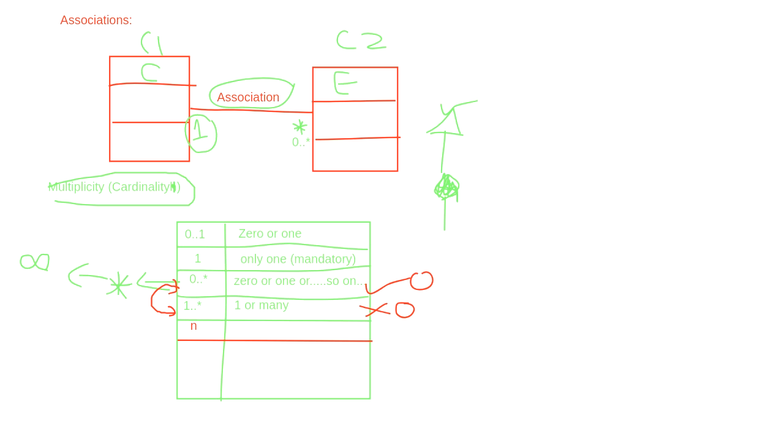For example, let me give an example: this is a car, and this car has wheels. So I can write one car has 4 wheels. When I write 4, it means only 4. It is neither 0 nor 1 nor 2 nor 3 nor 5. 4 means 4 only.